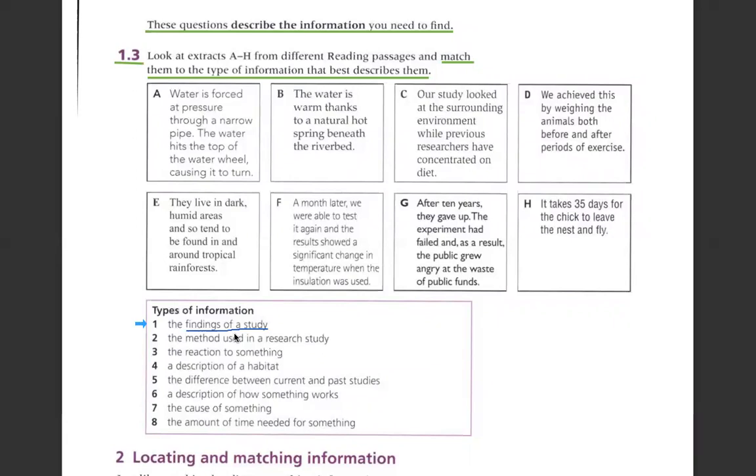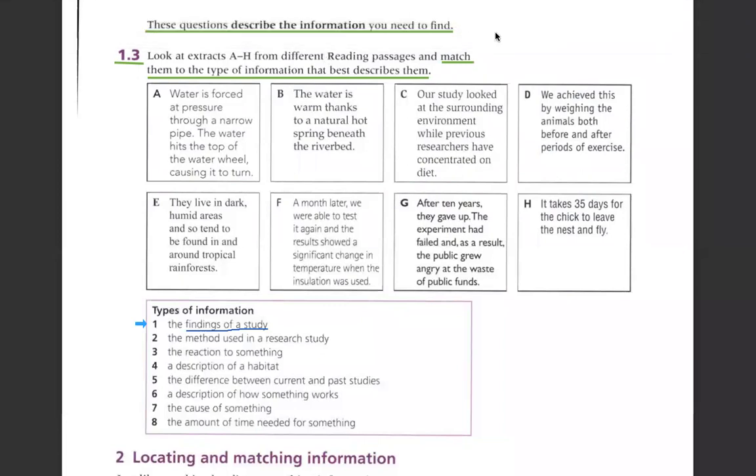Remember, we looked at the word findings and this is the results. They do a study. What did they discover at the end? All right, take your time to read all of them just to make sure, and then type your answer in the chat box.